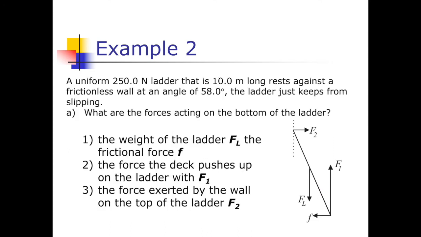So to begin to answer our first question, the first thing we have to do is recognize the free body diagram yet again. What you can see is that we have forces in the x direction and forces in the y direction. And it's key to note that because there's no friction on the wall, we don't label any friction there. The other thing is, look at the normal forces with the ladder interacting with the frictionless wall and the ladder interacting with the ground. They both are perpendicular to the floor and not the ladder itself.